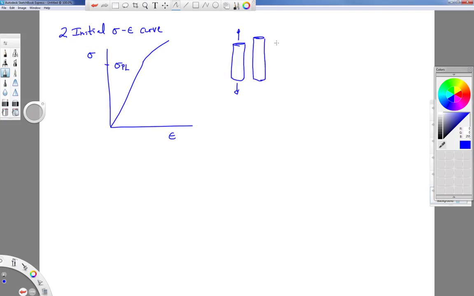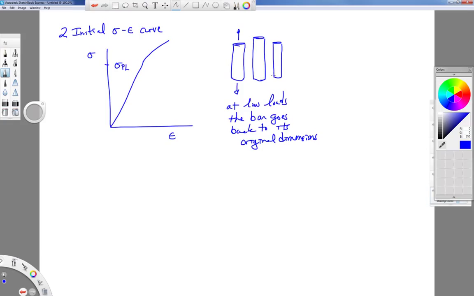But then when we let go of the load, it goes back to its original dimensions. This is known as elastic material behavior.